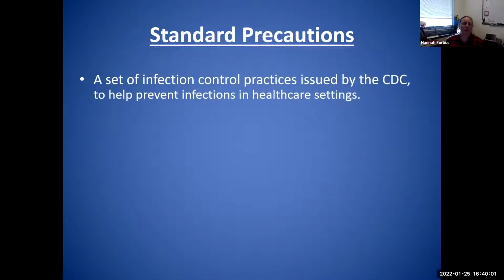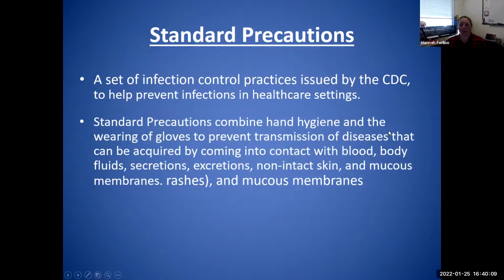These are a set of infection control practices issued by the CDC to help prevent infections in healthcare settings. The standard precautions include hand hygiene and gloves to prevent transmission of diseases that can be acquired by coming into contact with blood, body fluids, secretions, excretions, non-intact skin, and mucous membranes, as well as rashes.